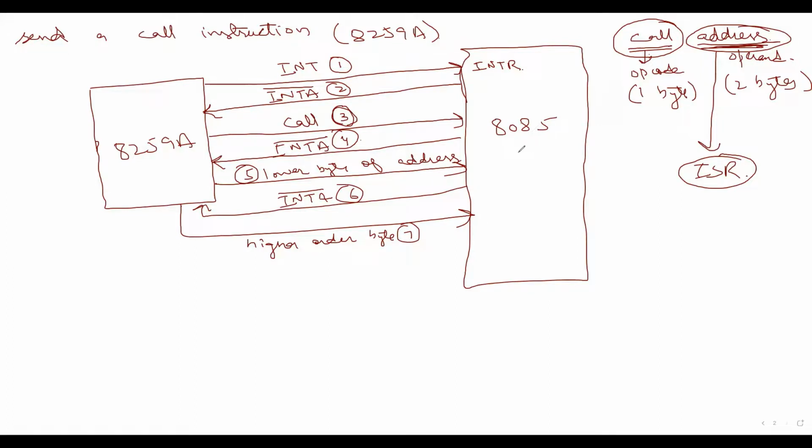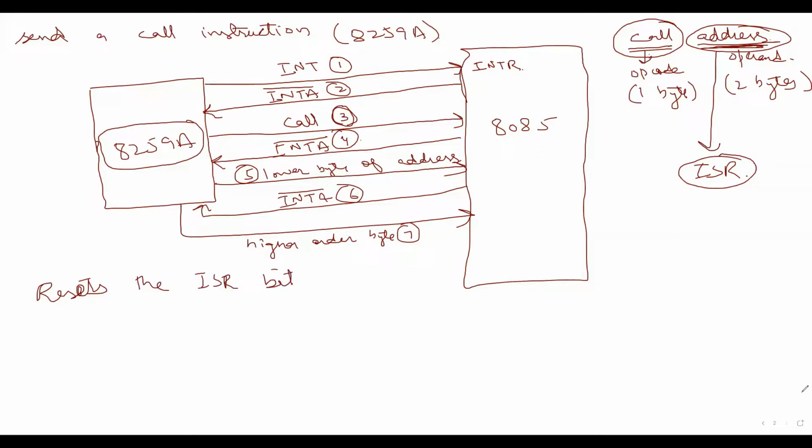Also, when my 8259A is receiving the third interrupt acknowledgement, it not only sends the higher order byte, but it does another thing. What is the other procedure? It resets the ISR bit.